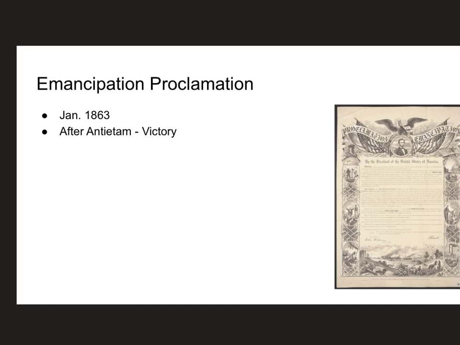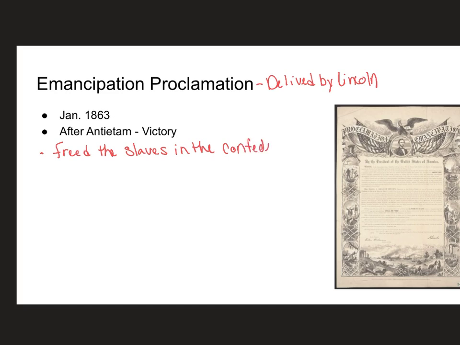Okay, a couple important documents. The Emancipation Proclamation was delivered by Abraham Lincoln. He gave it in January of 1863 after the Battle of Antietam, and we had a victory. He freed the slaves in the Confederacy, so he did not free the slaves in the North. So that's important to know, not the North.